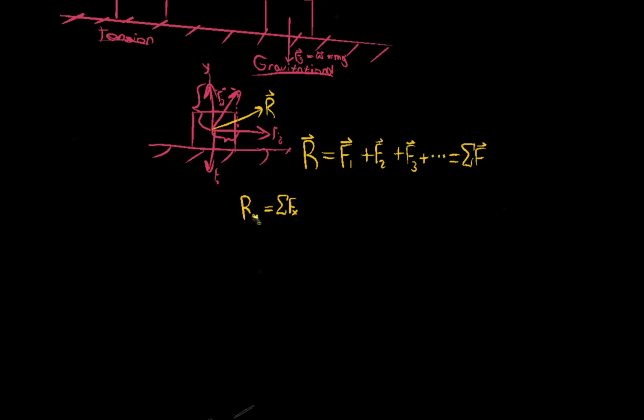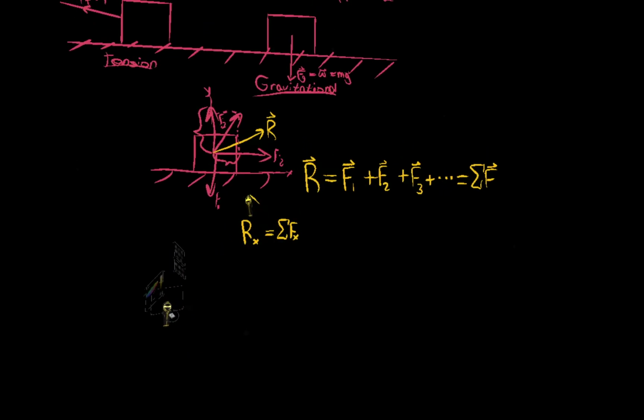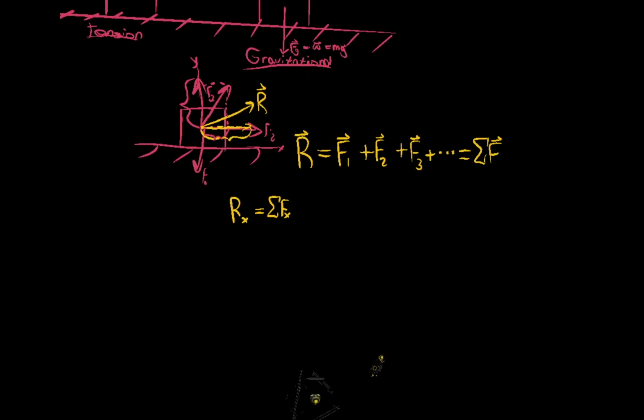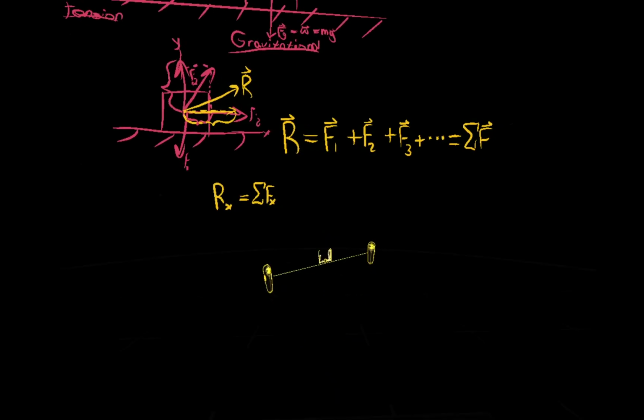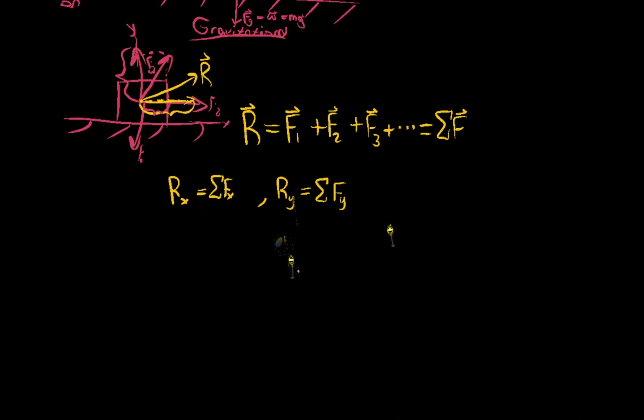So the x component of this resulting vector, that component, right, is the result of all the x components of all of the forces. And our Ry is equal to the sum of all of the y components of the forces. And if you had 3 dimensions, it could go z as well, of course. Fz.